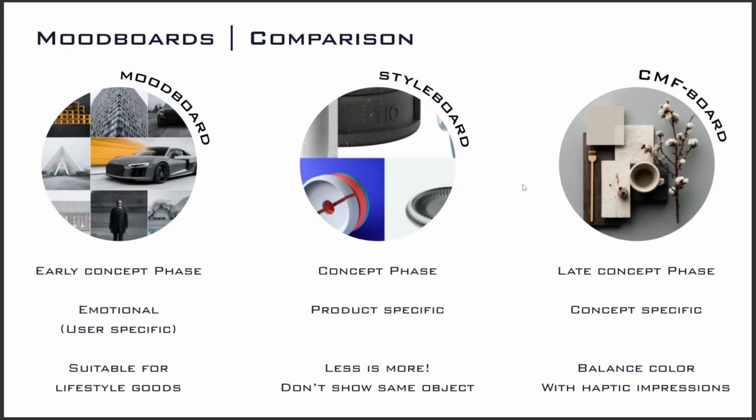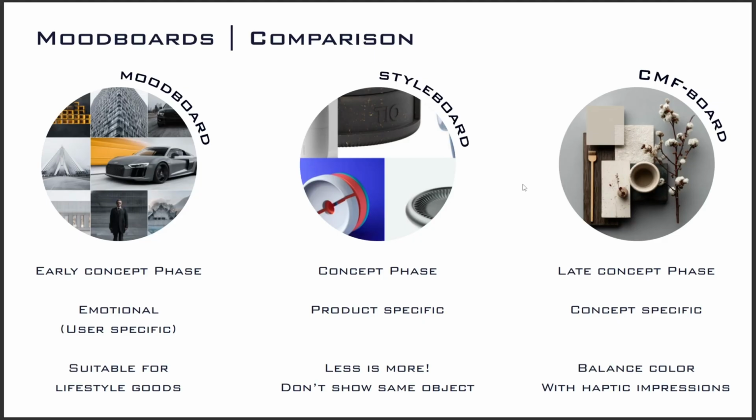Now let me compare them once more for us to completely understand and also put them in alignment with each other, right? So we have the classic Moodboard, which is mostly used in the early concept phase and which communicates on an emotional level, very user specific. It creates a mood that has to trigger our client, but also the end user of whatever we are designing.